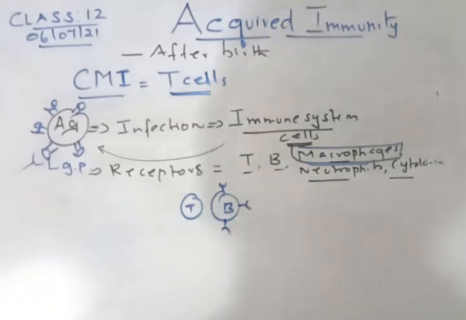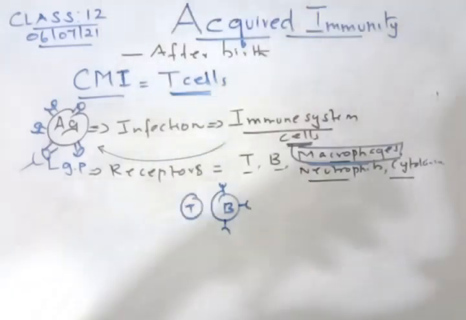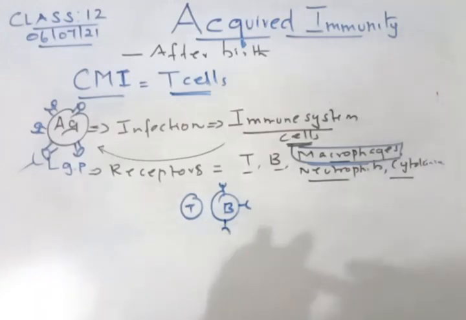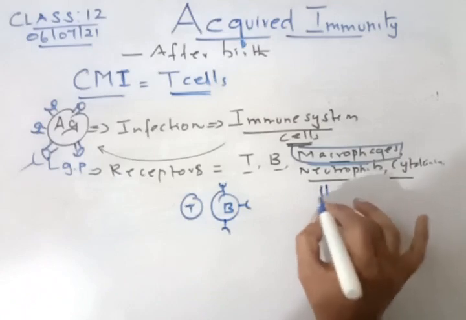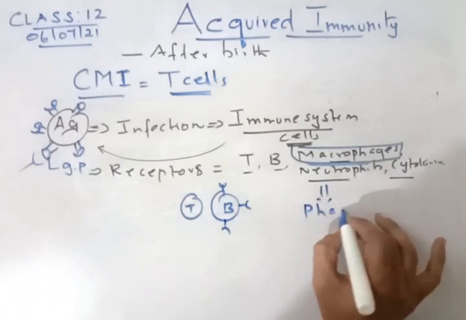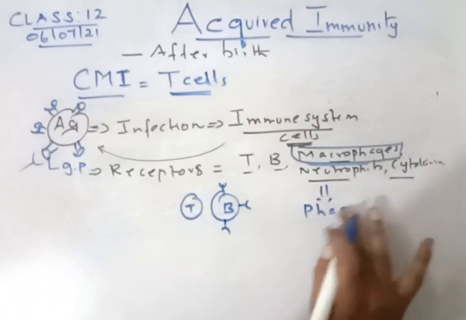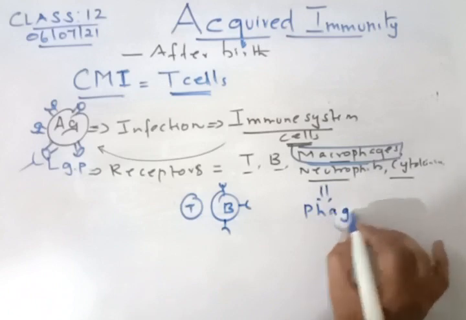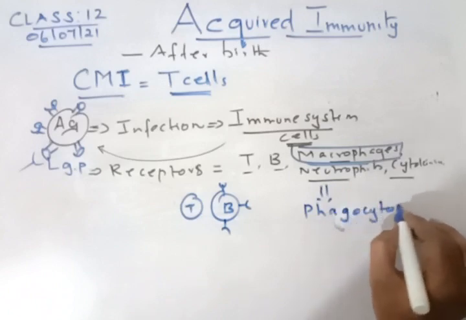Where are the macrophages? The macrophages are in the spleen and lymphoid organs, which we will study. So what will the macrophages do? The macrophages will do a process called phagocytosis.